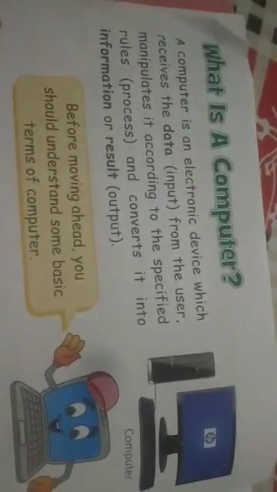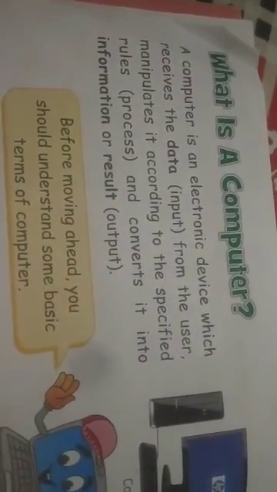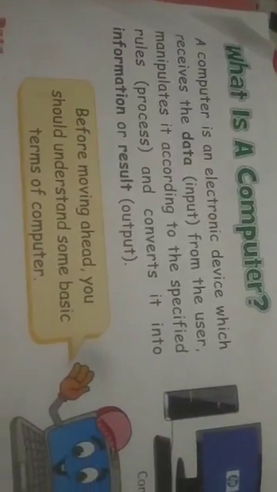Now turn the page, page number 4. This one. Now the second topic is what is a computer? So I think everybody knows the basic definition of computer, we started from the first class, that computer is an electronic device or electronic machine. Before the explanation of this topic, I want to explain some basic definitions related to this topic.